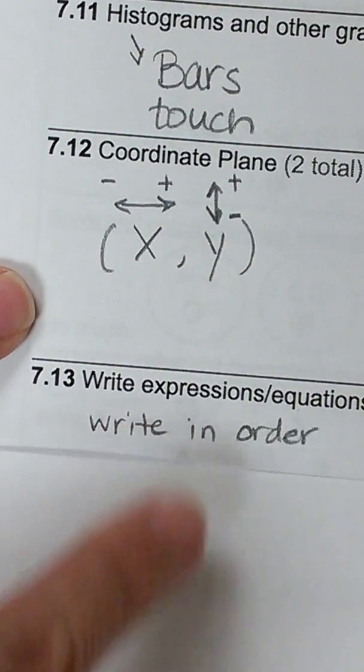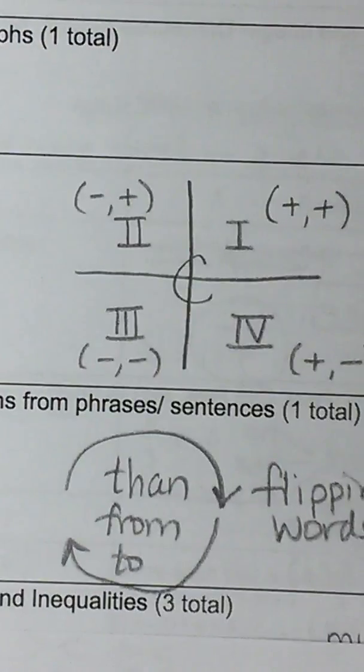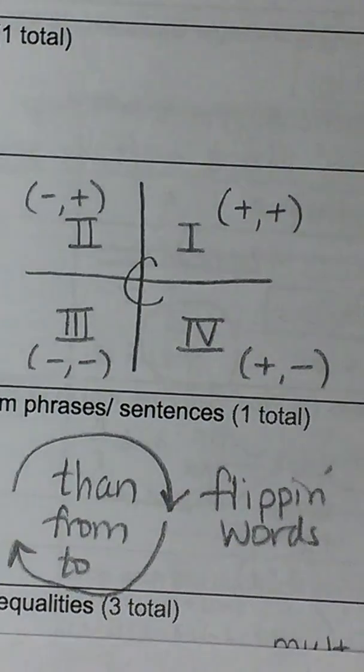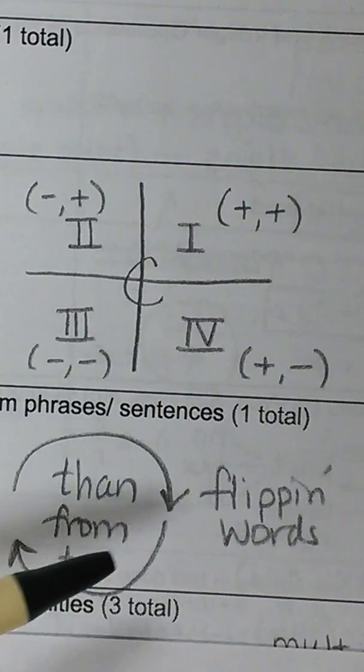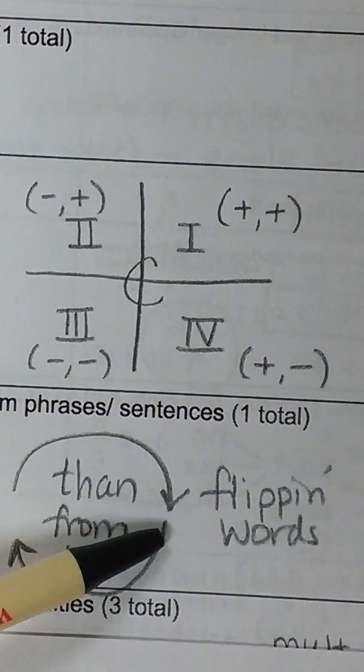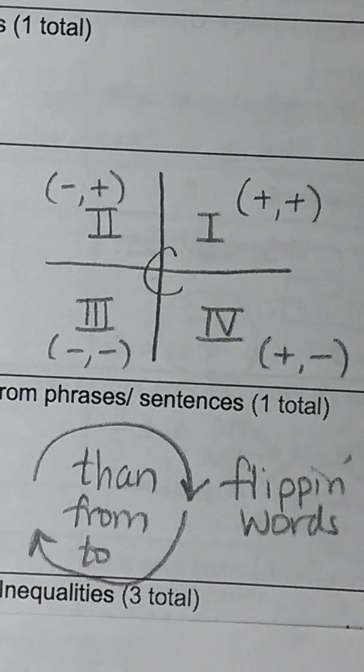The only difference to this usually is if you have one of these 3 words: than, from, or to. Those are our flipping words. So if you have than, from, or to, whatever number would normally come afterwards, you move it to the front. But it has to have one of these 3 words in order to do that. Again, remember to pause this video if you need more time.